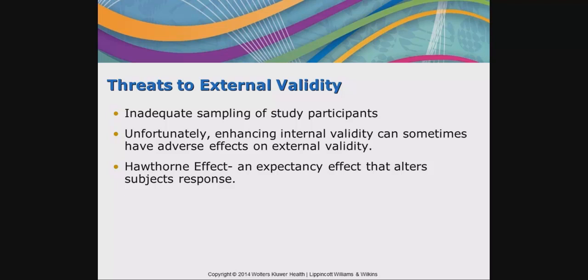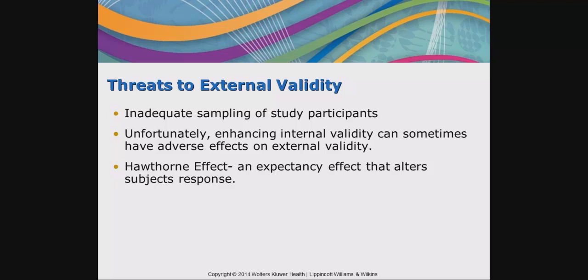In America it is different than Asia and Germany and Europe and those places. And enhancing internal validity can sometimes have adverse effects on external validity. The reason for that is you make it so narrow and specific that you limit the generalizability.